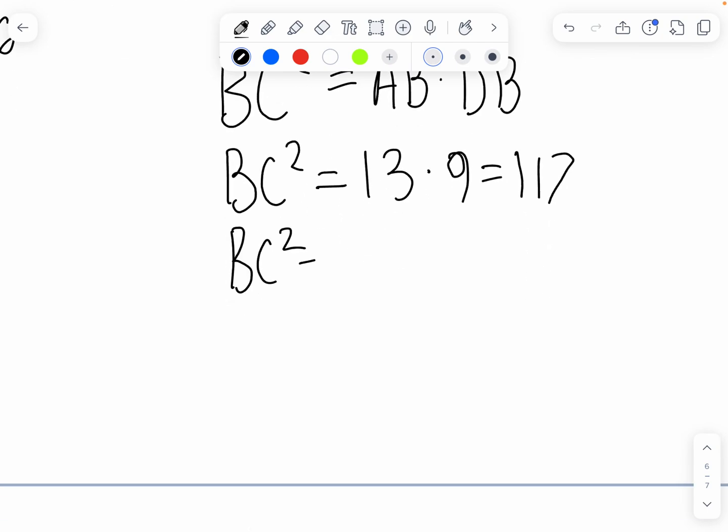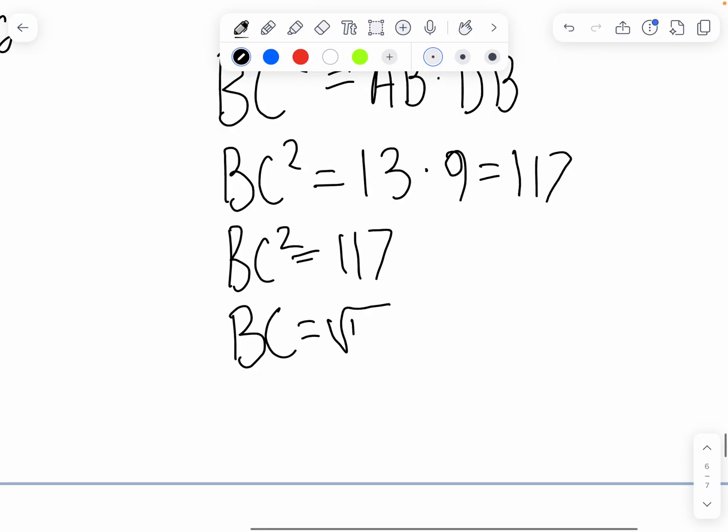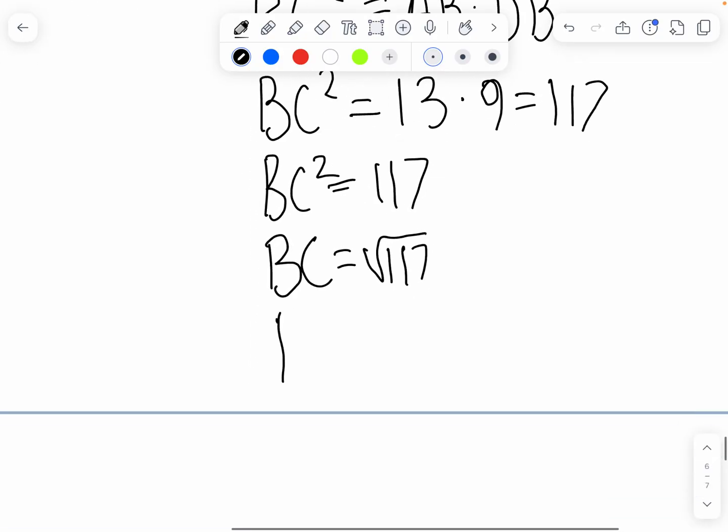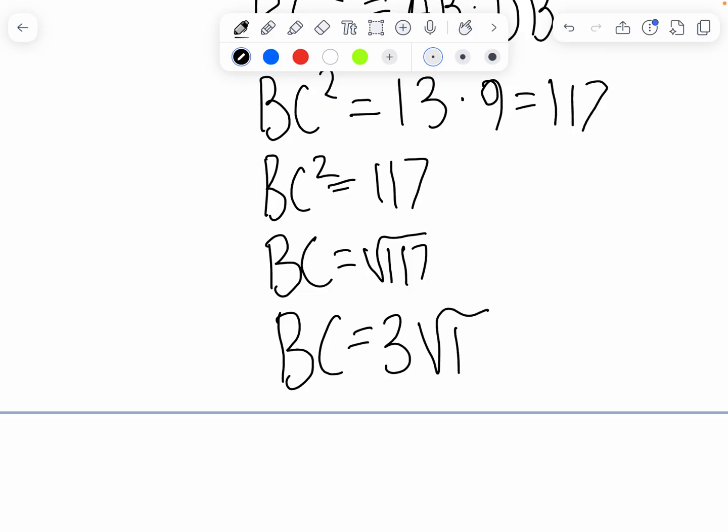BC squared equals 117. BC is equal to the square root of 117. And BC is equal to 3 root 13.